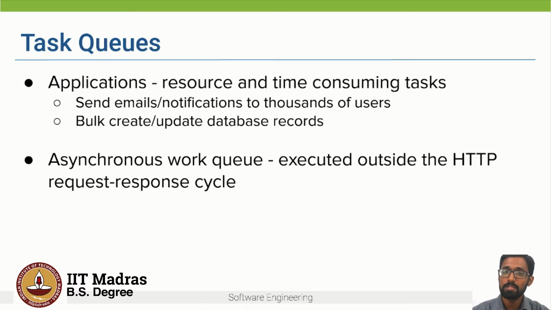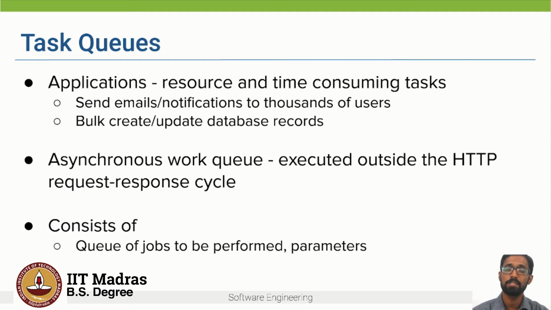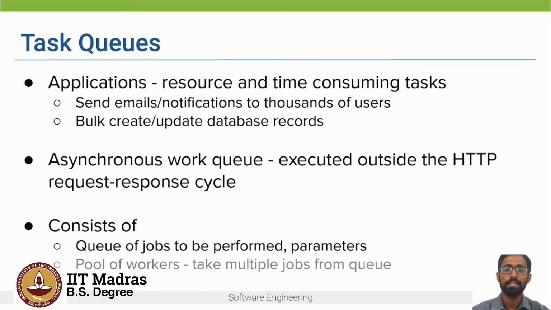So what does this work queue consist of? Firstly, it consists of a queue of jobs which need to be performed and associated parameters. And not only that, it contains a pool of workers that can take multiple jobs from the queue and perform them. Notice that it's not just one worker which is processing the request.